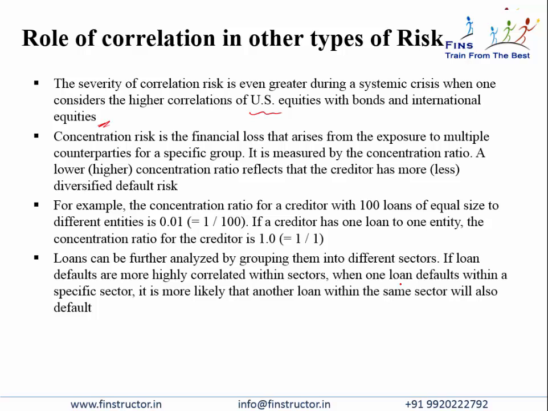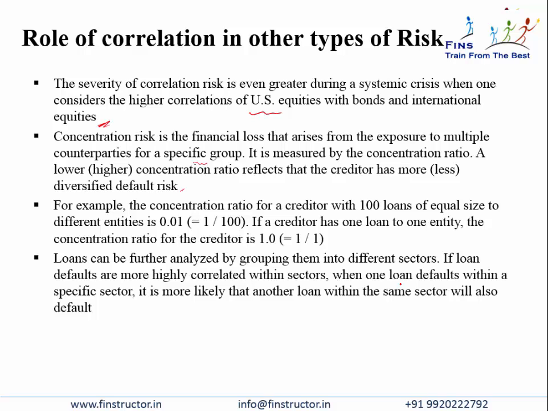Concentration risk is the risk of a financial loss from an exposure to multiple counterparties for a specific group or a specific company. It is measured by the concentration ratio. So a low concentration ratio reflects that the default risk is more diversified. A high concentration ratio means that you have a higher default risk.